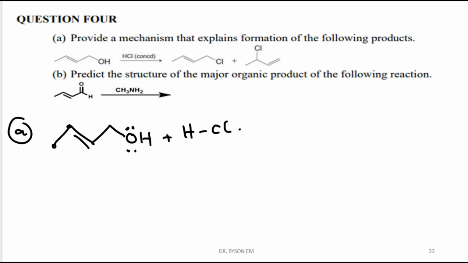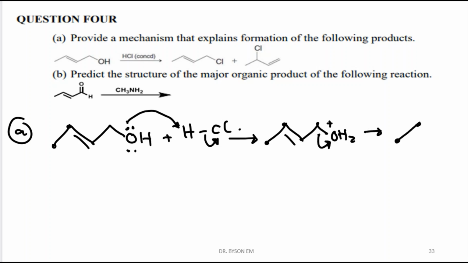What is going to happen is that this oxygen will get this hydrogen, so you have a protonated oxygen, positively charged. When it's positively charged, this becomes a good leaving group, so it will leave. So what you have is a positive charge here, like that.